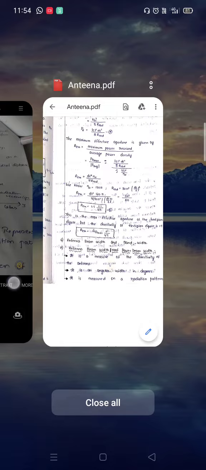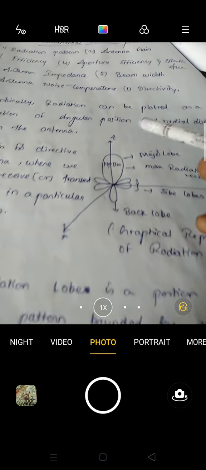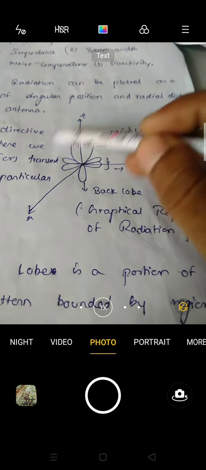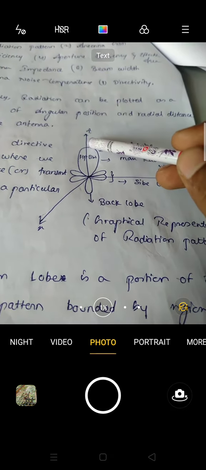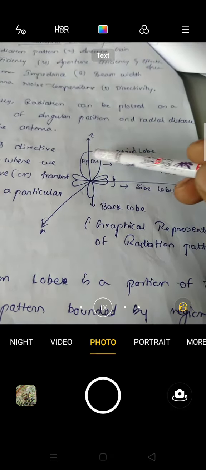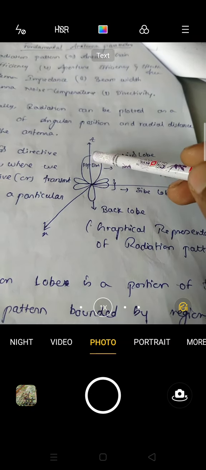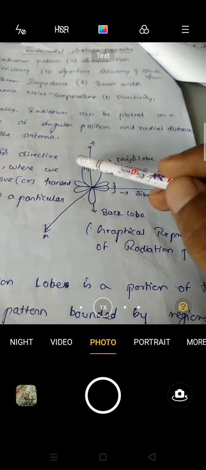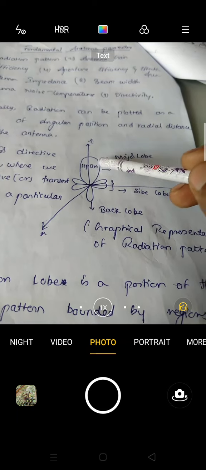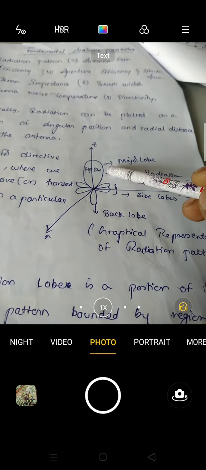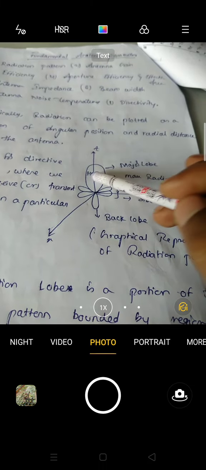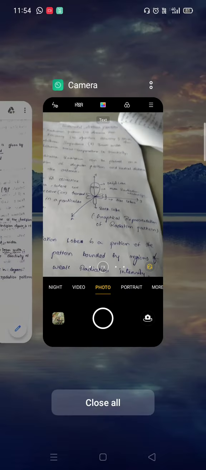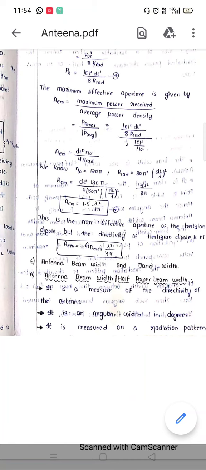I have already drawn this radiation pattern in the offline class. This HPBW is the half power beam width of this major lobe, the distance of this radiation.